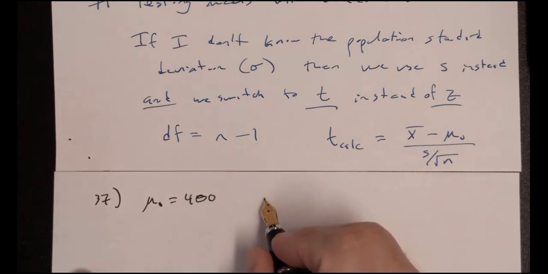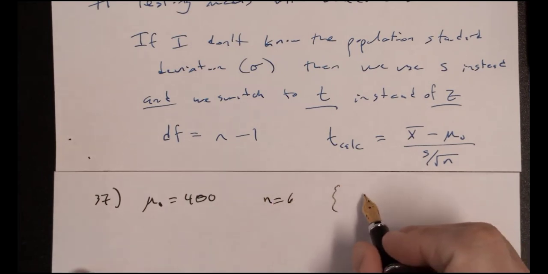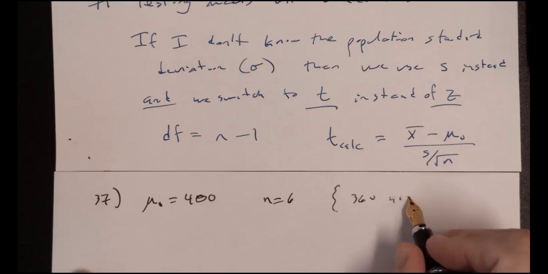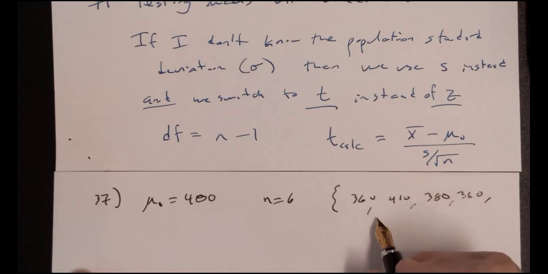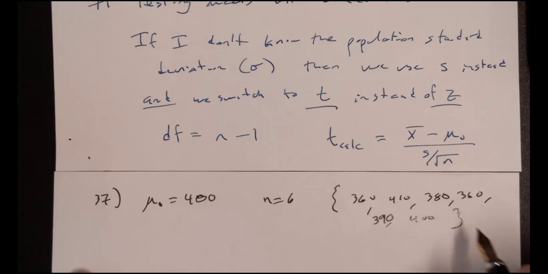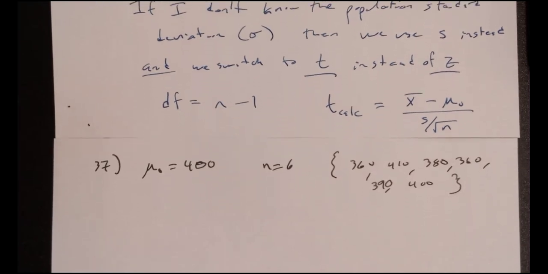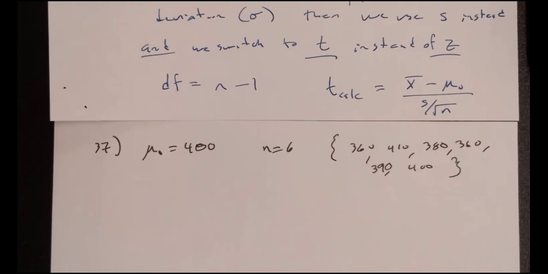Then we did 6 of them, and we got 360, 410, 380, 360, 390, and 400. Does this contradict or support the claim of the manufacturer? What's the claim of the manufacturer?